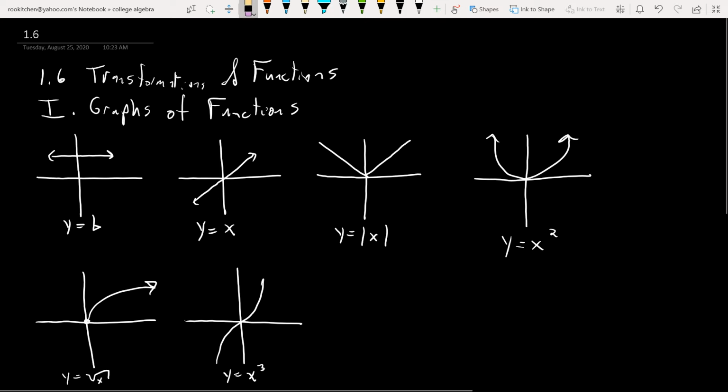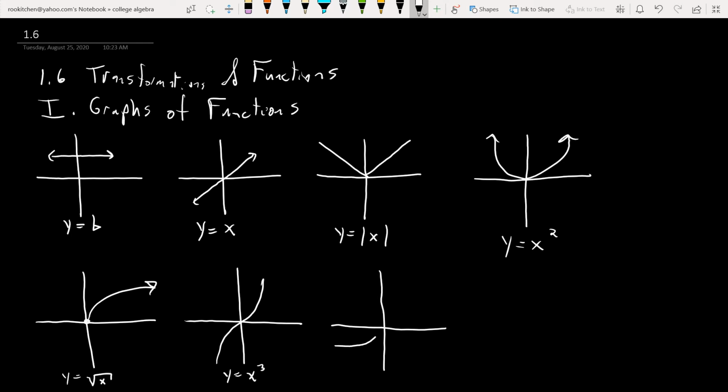I apologize if you can't read this one over here, let me write it. Square root of x. What else? The cube root function. Cube roots look like this, so that would be y equals cube root of x.